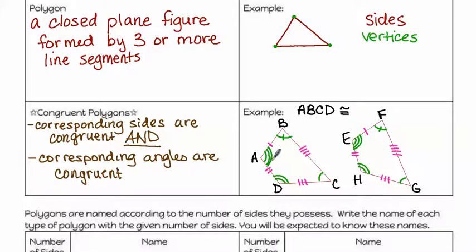So where here angle A has 3 congruent marks, in the other polygon I want to start with the angle that also has 3 congruent marks, and that would be E. Angle B is listed second, and that's the one here with the mark and the tick mark through it. F corresponds to that. And then we could do the same thing for C and D, and we end up with EFGH.